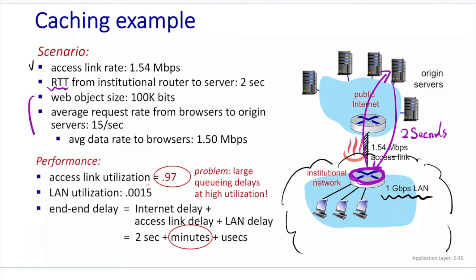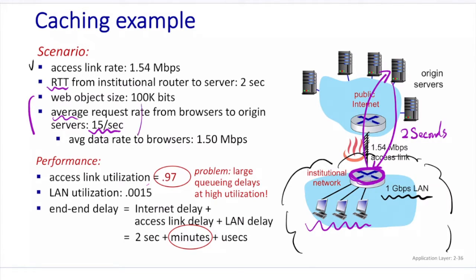Okay, the third one and the fourth one: on the average, the web object size is 100K bits. That means when you retrieve a file, an image, no matter what, the average object size in the response message is 100K bits. And again, on the average, all the users in the institution have a request rate of 15 objects per second.